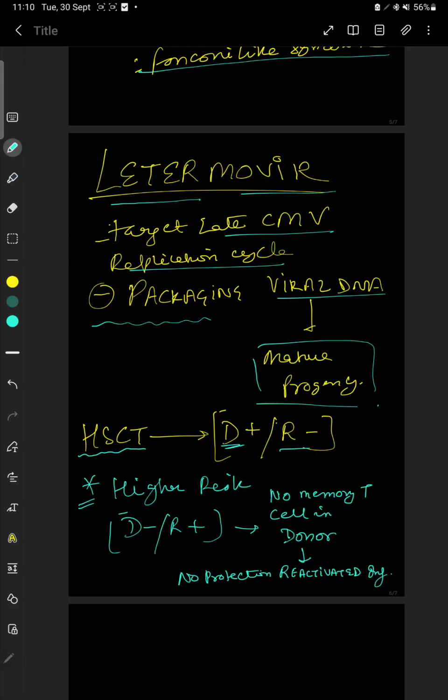An extra point: there is a higher risk of acquiring CMV infection if the donor is negative and the recipient is positive in hematopoietic stem cell transplant patients, because there won't be any memory T cells in the donor. Eventually all the cells of the recipient will be replaced by the donor cells, and if the CMV gets reactivated, there will be no protection against this reactivated virus.